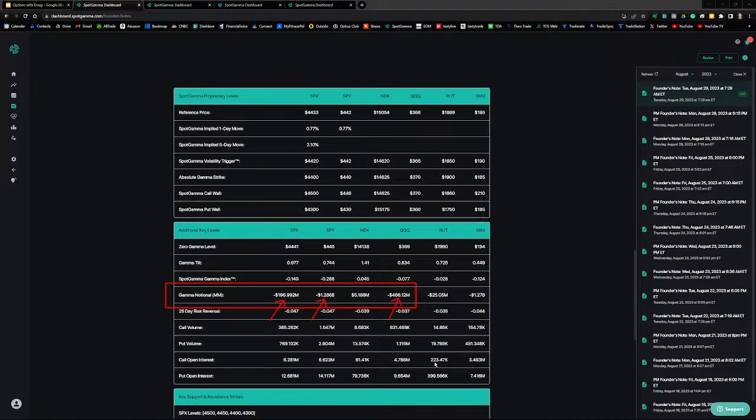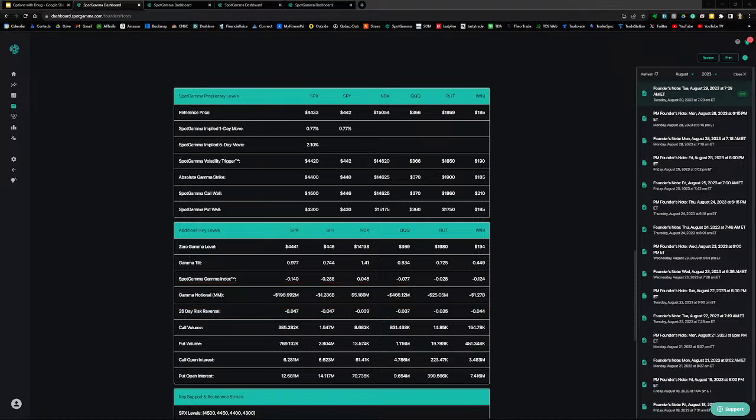So this indicates that traders have long puts, market makers are short puts, and they have to trade with price to hedge their delta exposure. I normally don't look at NDX. It is just not significant compared to the other numbers. So again, gamma notional for SPX, SPY, QQQ at the beginning of the day, still negative, but less negative than yesterday.